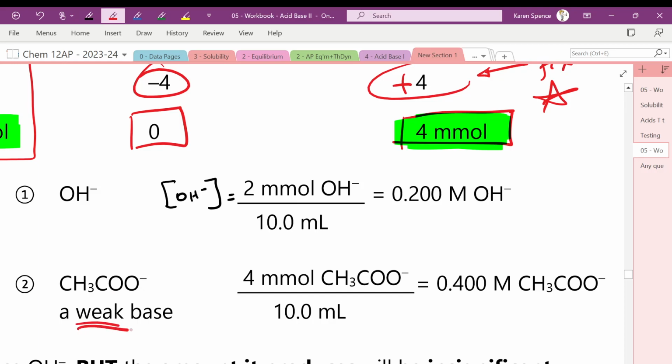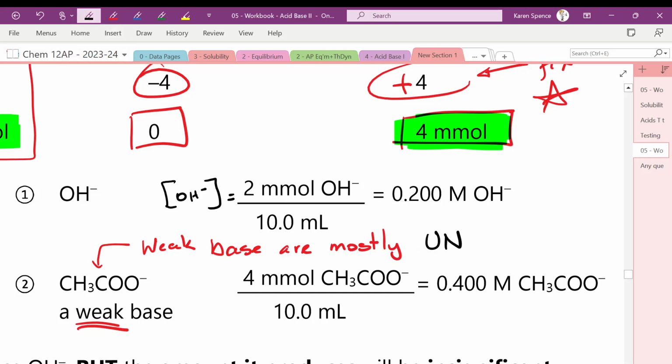And what do we know about weak bases? Weak bases are mostly what? Unionized, because they need to pull off and become an ion. They don't actually dissociate.